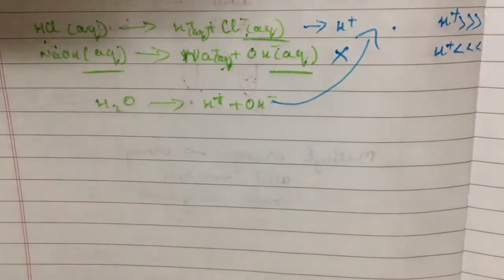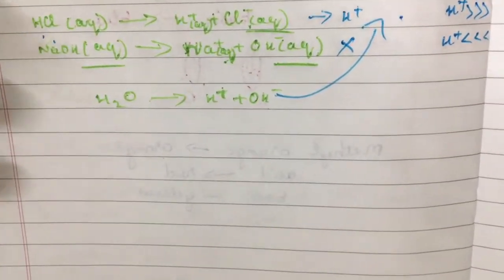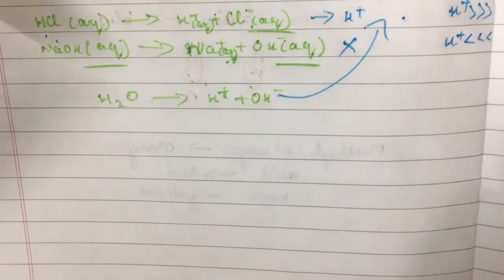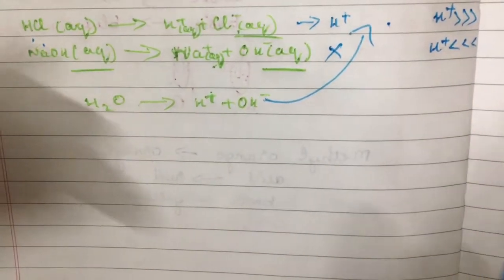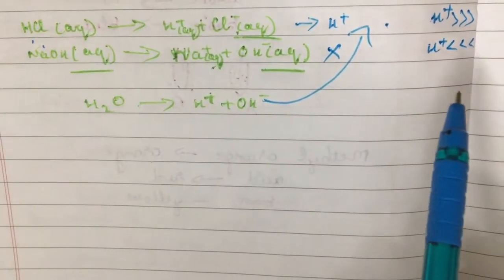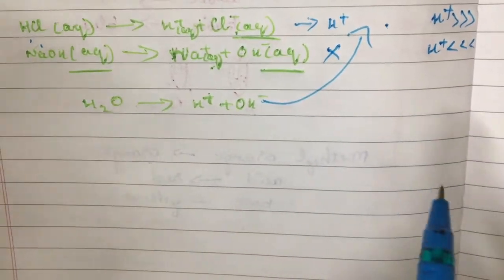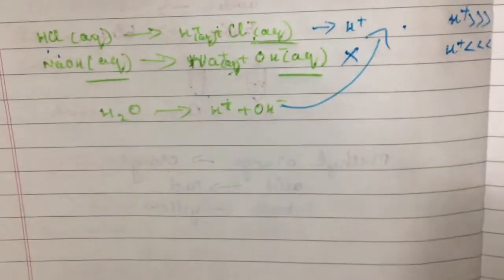So what Sorensen did is that he determined the concentration of this H plus ion. By determining the concentration of H plus ion, he determined the strength of the acid as well as the bases, that is by using the number of H plus ions.